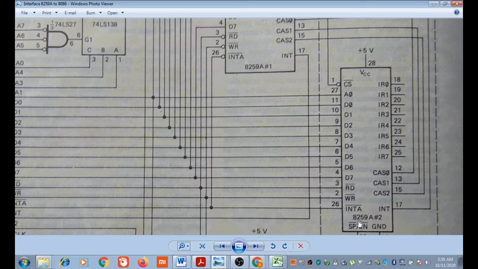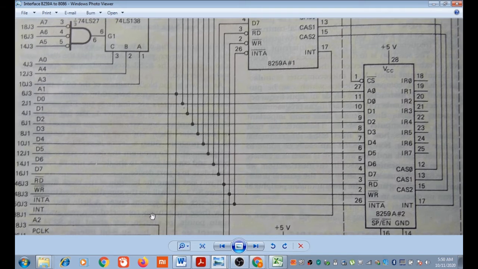Then can you tell what is the address of this 8259A, the second one? In this circuit there are two 8259As. The INT pin of this 8259A is connected to the INTR pin of 8086.